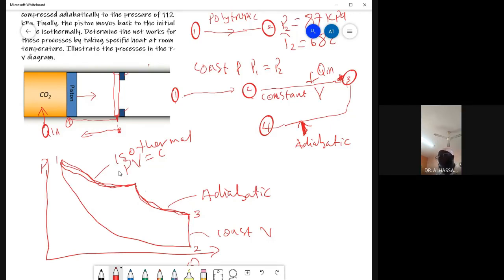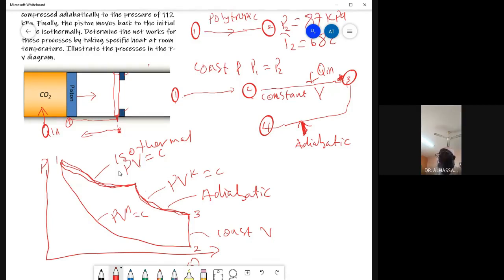Then we are going to have PV raised to the power K equals a constant. And then for this polytropic, PV raised to the power N equals a constant. So we should know all these things. Very, very important, very necessary.